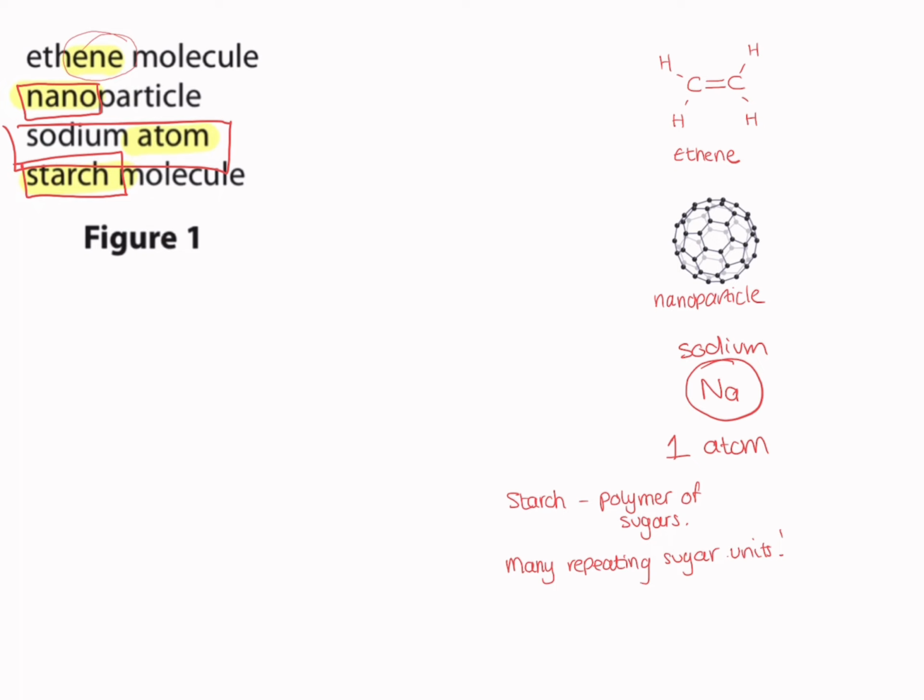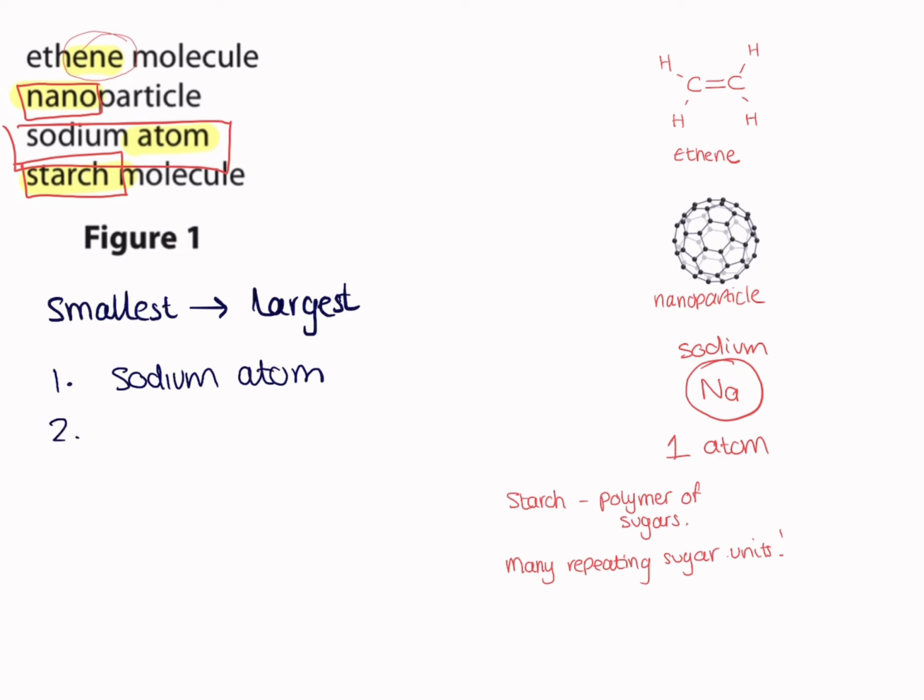So now we can start putting our order together, remembering that we were going from smallest to largest. Number 1, we have our sodium atom. It is just 1 atom, so it's got to be the smallest.